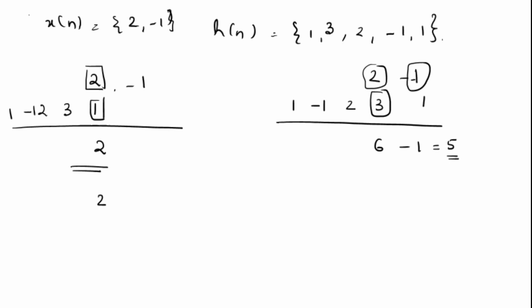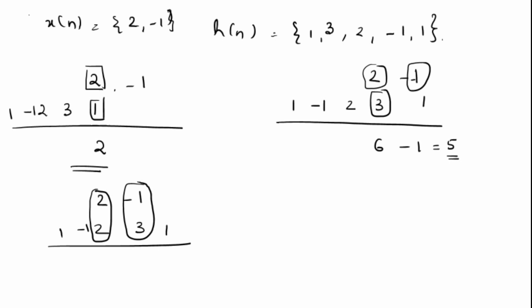Next 2 and -1 keep it as it is, shift the signal by 1 unit in the right direction, multiply and add it. -4 and here it is -3, hence the answer will be 1.